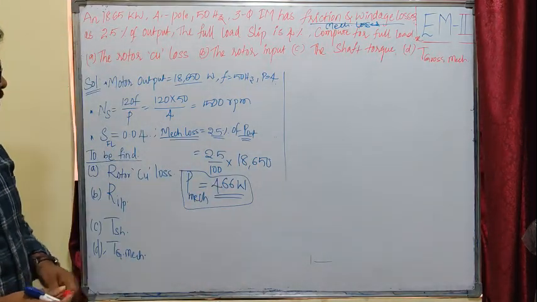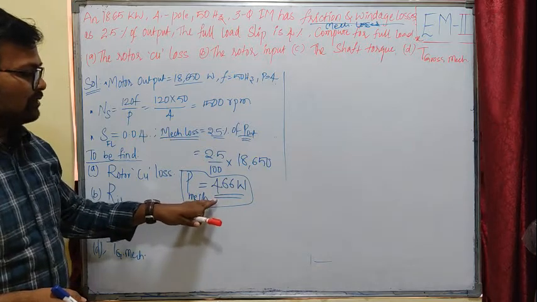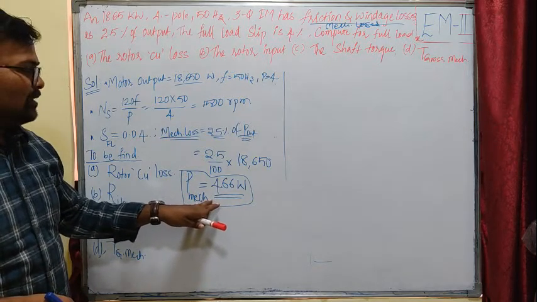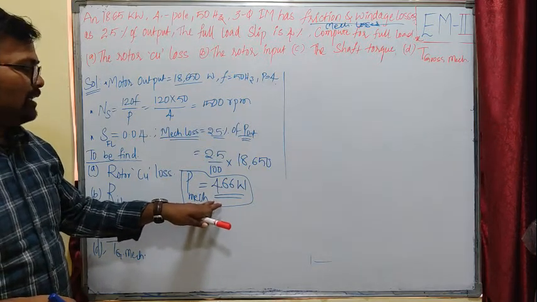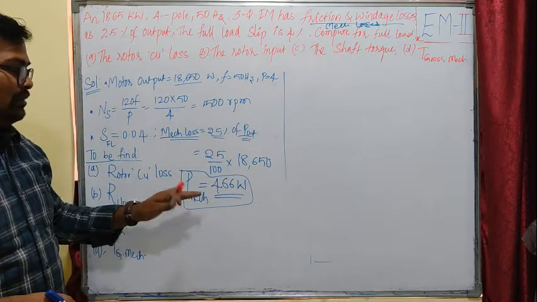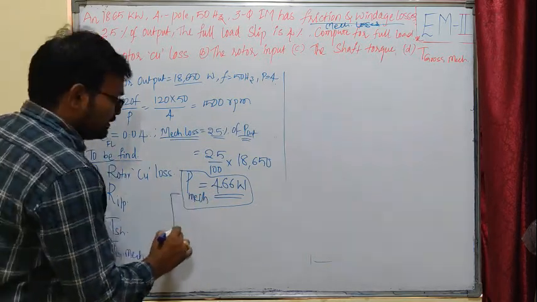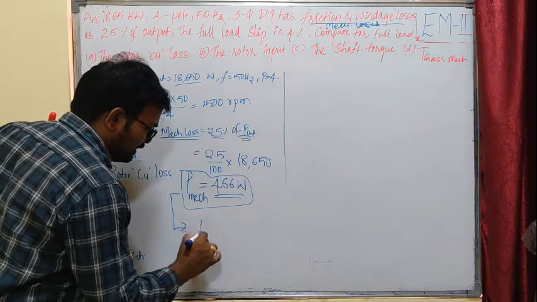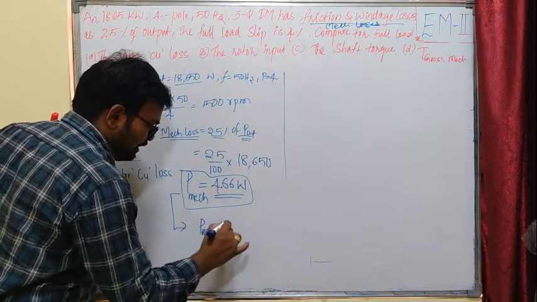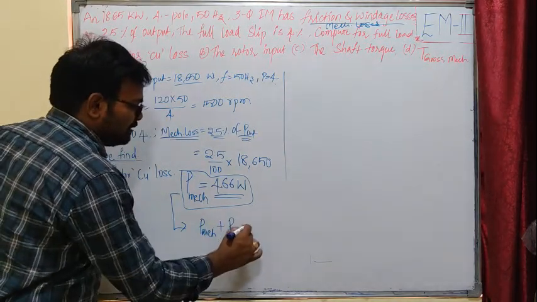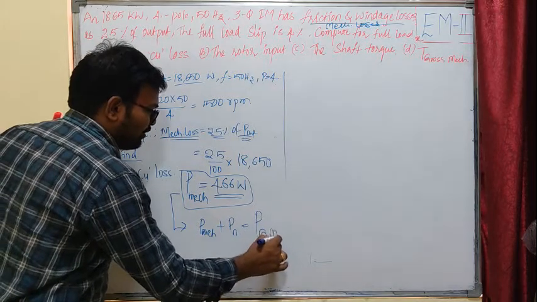If you add these mechanical losses to the net power output, this will become our gross mechanical power output.